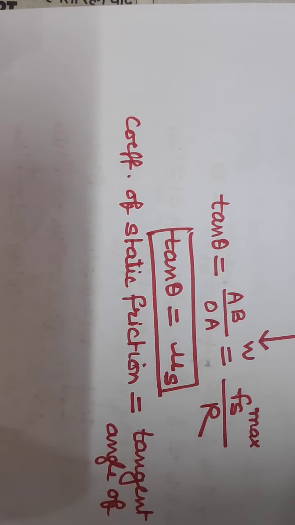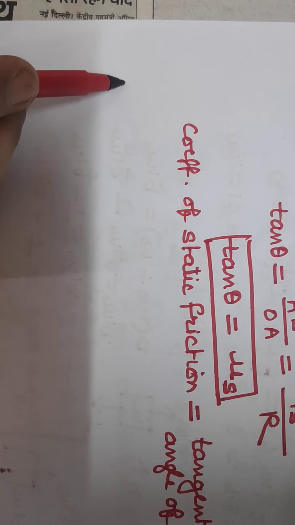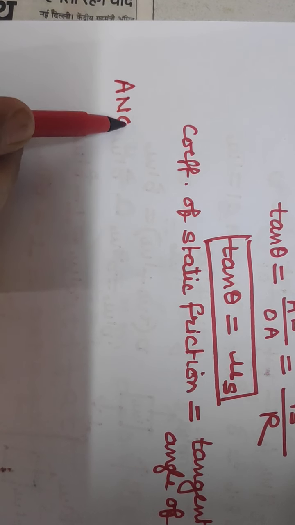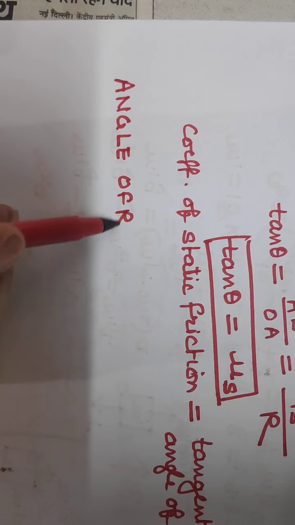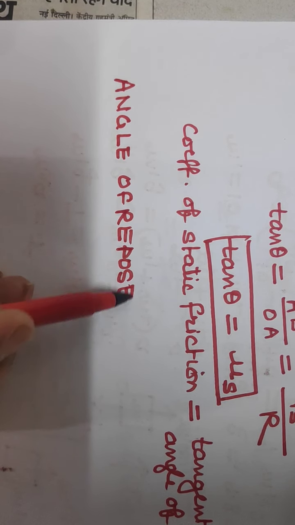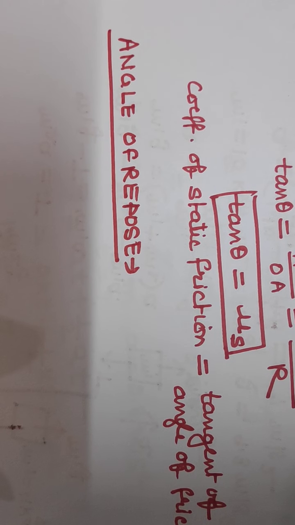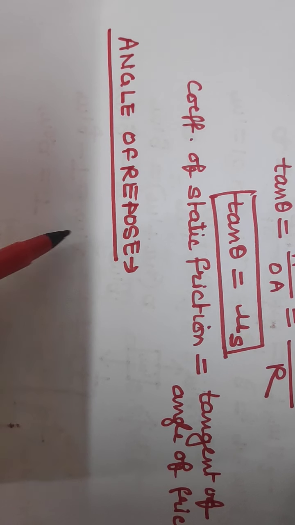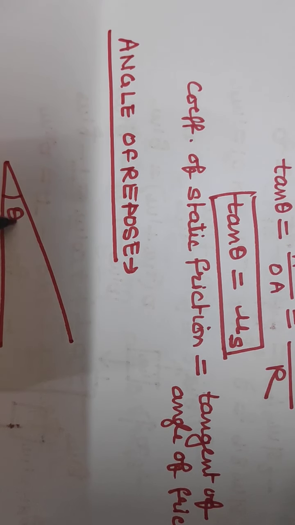Okay, now the next topic is angle of repose. Suppose an object is placed on an inclined plane like this. This is angle theta, or theta or phi.